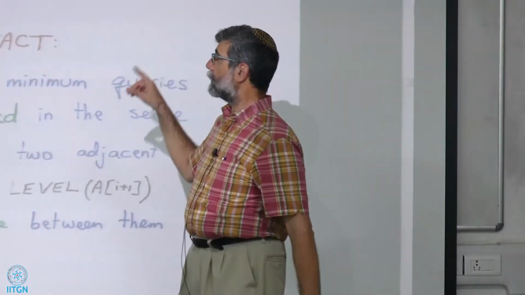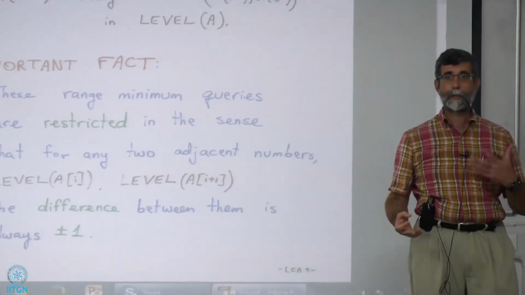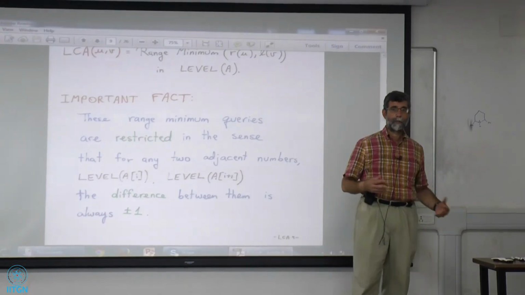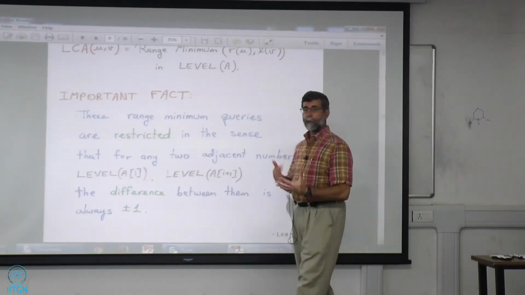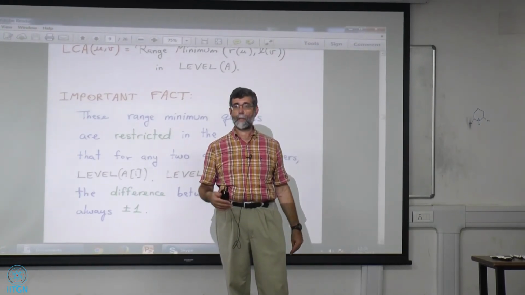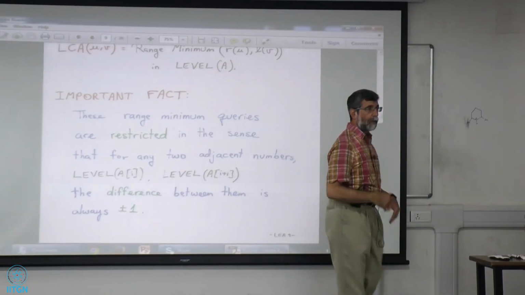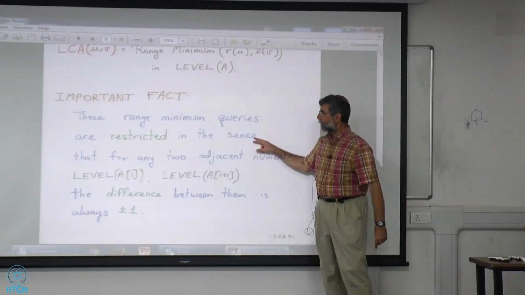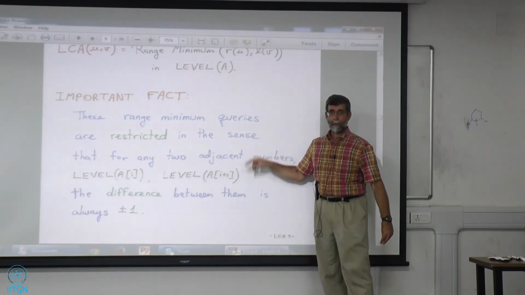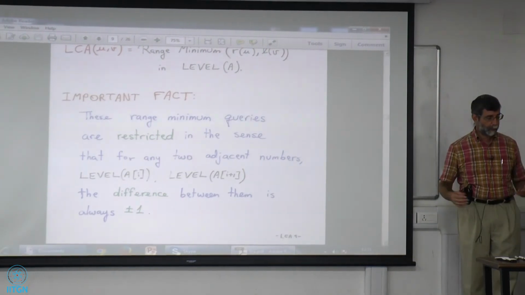And we showed the other side, that if we knew how to do range minimum queries, then we can answer the LCA, because we're going to do the Euler tour, construct the R and the V, construct the level array, do range minimum on the level array, and that's going to give us the lowest common ancestor. So these problems help each other, and we don't even need the full-blown strength of one of them in one case, because it's restricted. So all we need to do now is to solve both of them.